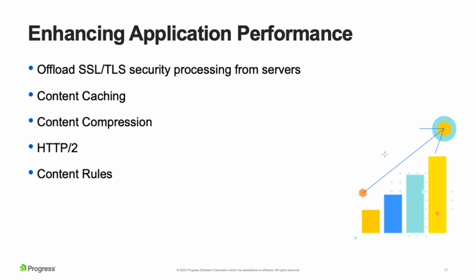You can also cache content on Loadmaster. Again, this reduces the number of requests to the servers, but it also gives a better response to the user because the Loadmaster is immediately serving the content rather than having to go to a backend server and grab that content.